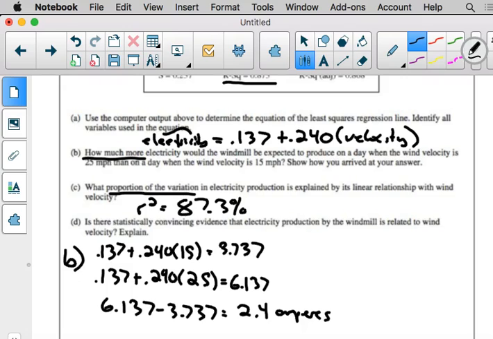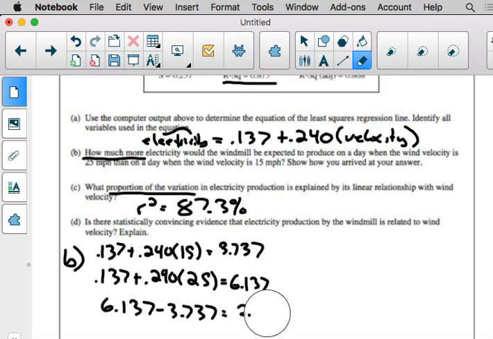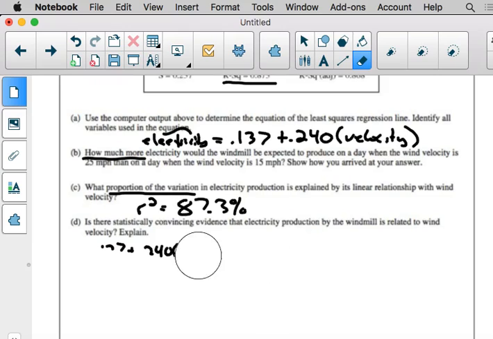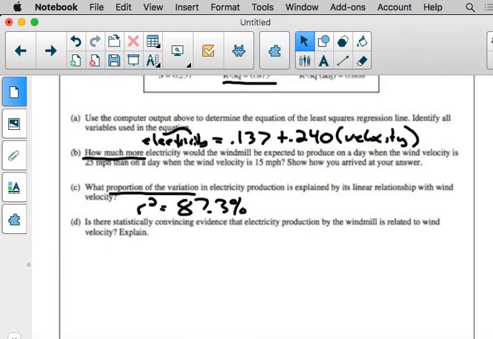Is there statistically convincing evidence that electricity production by a windmill is related to wind velocity? And they want us to explain. Statistical evidence, so this is essentially asking us for a hypothesis test, okay?